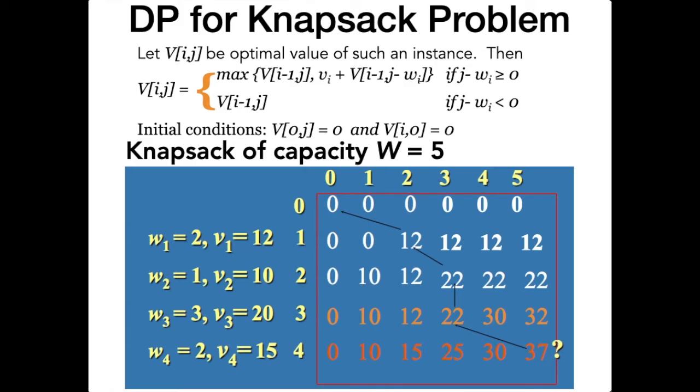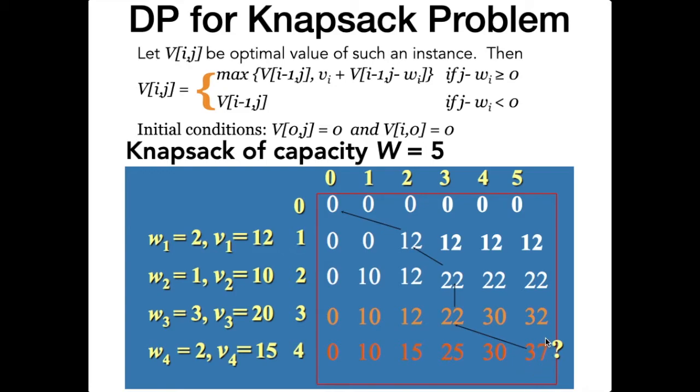Our next question is, just like in the longest common subsequence, given the answer, how can we identify the contents of the knapsack? Let's start by investigating the item in V45. So, V45. The optimal value or the maximum value is 37. Okay?